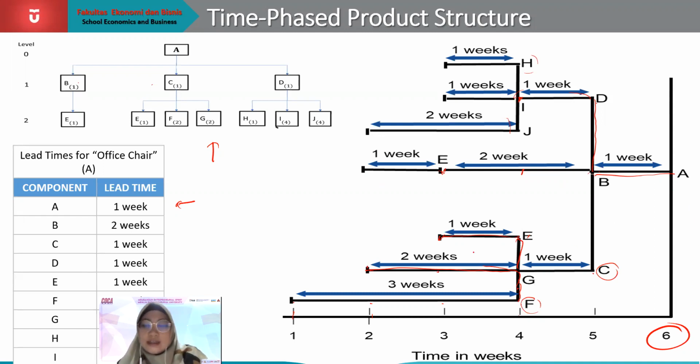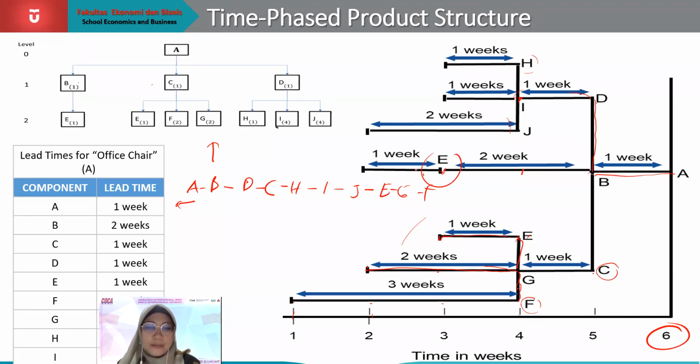Okay, let's start. If by using this, the final product is A, right? So you can put the sequence like this: A, and then B, and then D, and then C, and then H, and then I, and then J, and then E, G, F. Why don't I mention E again?